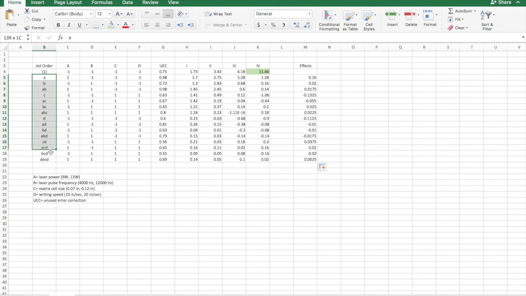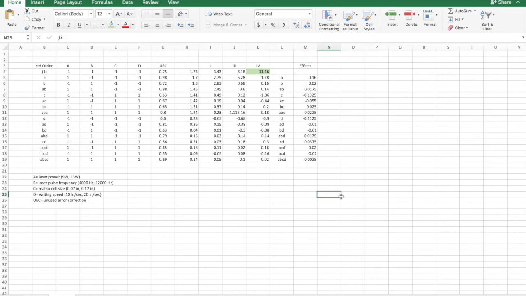And this column, we copy it in here. So the effect of A is 0.16, the effect of B is 0.02, and so on. Now just by looking, we can see which effects are significant by their magnitude.